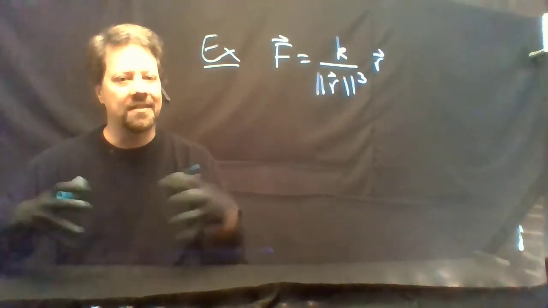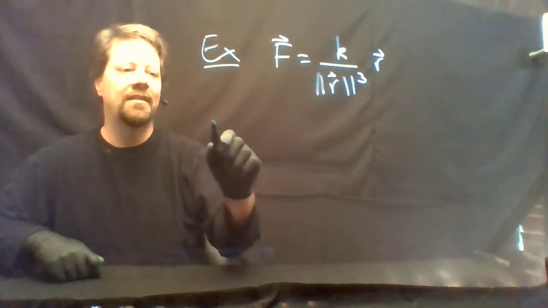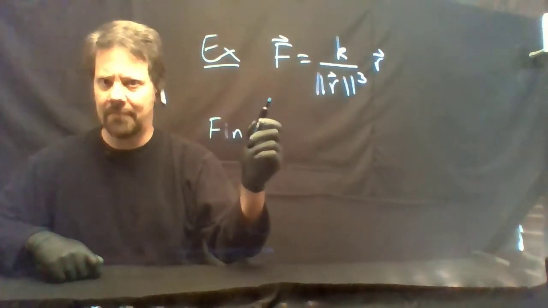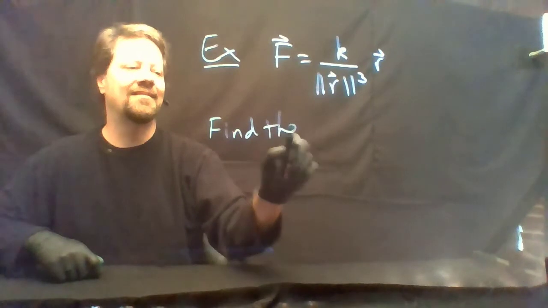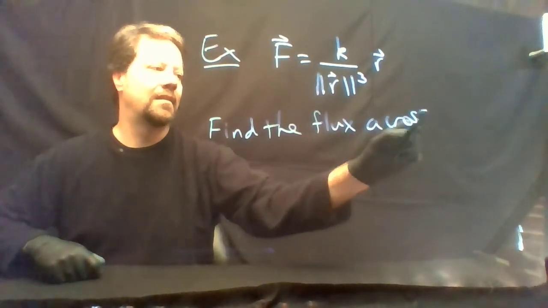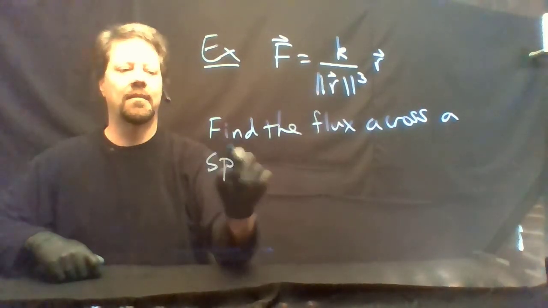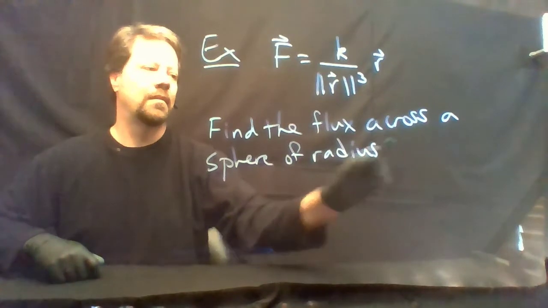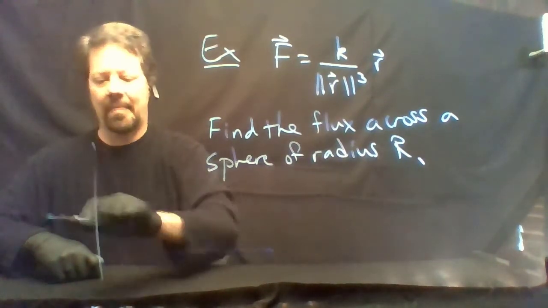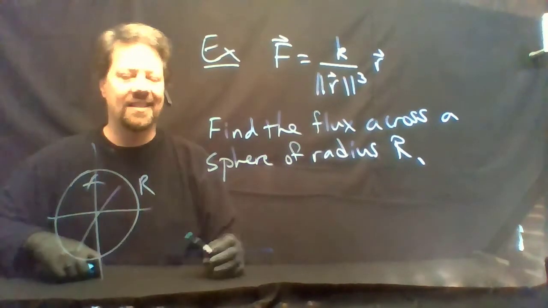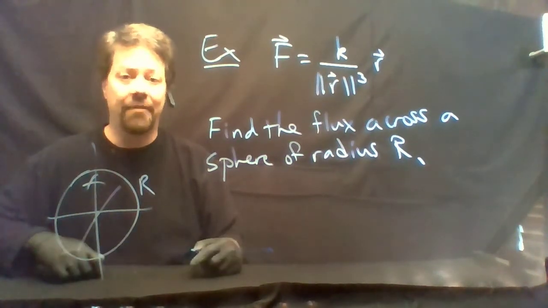We'll find the flux of an inverse square field across a sphere of radius r. We haven't specified how big that radius is. We're going to find out if it matters.